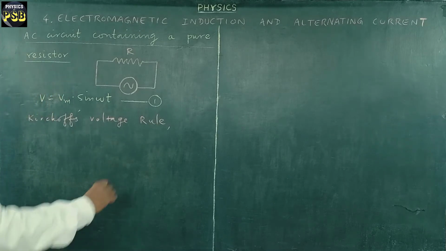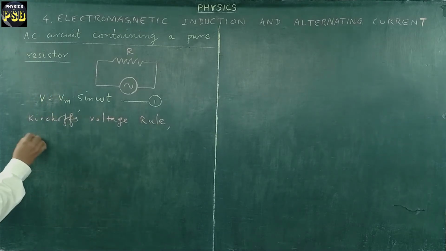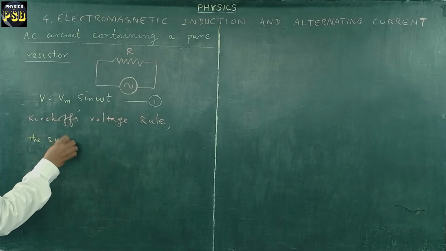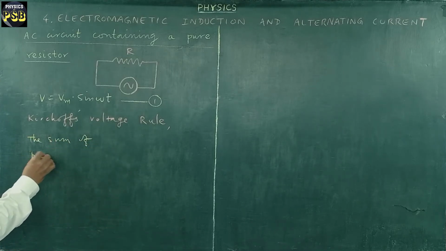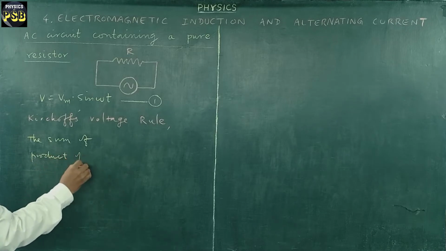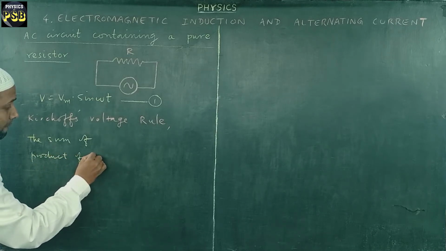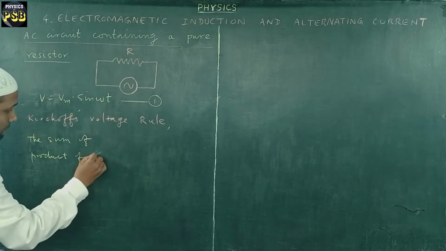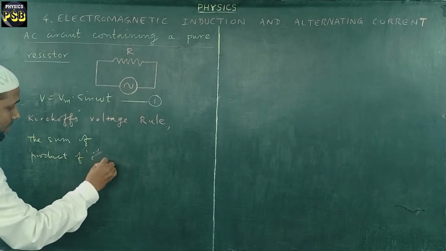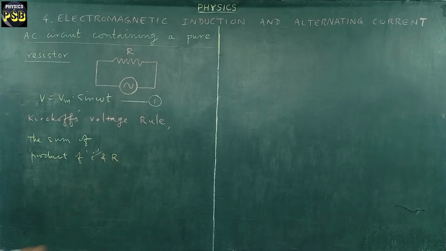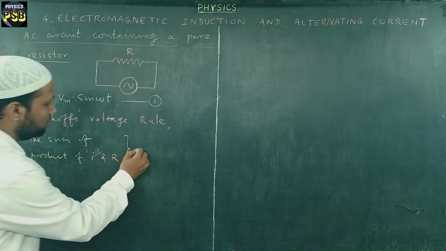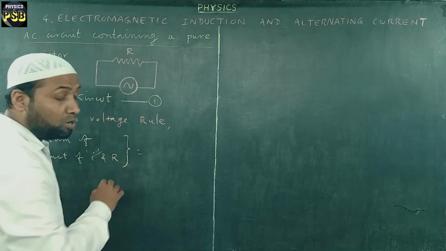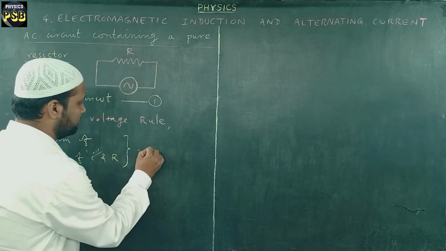The sum of the product of current and resistance in a closed circuit is equal to the total potential difference.